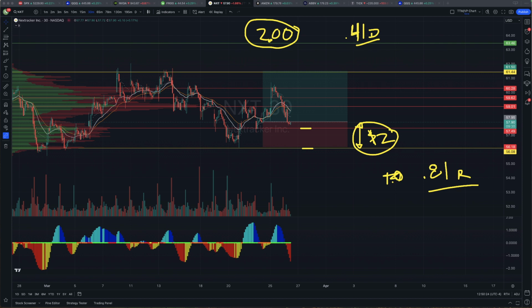So $1.62 if I buy 2 contracts, right? But if I buy 3 contracts, then I've exceeded my risk parameters. Does that kind of make sense? So understanding what your risk parameters are is really important.